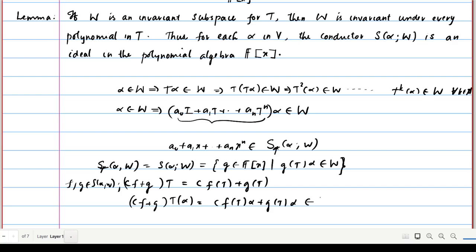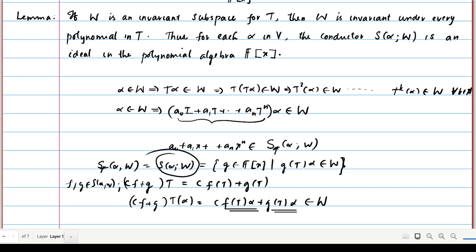Those are elements of W as well, because f(T) alpha is an element of W, g(T) alpha is again an element of W, then the sum is also in W, since W is a subspace. So this shows that S(alpha, W) is a subspace, or simply an additive subgroup.